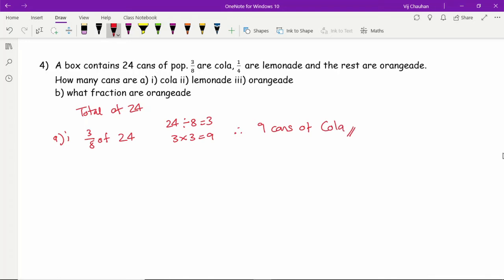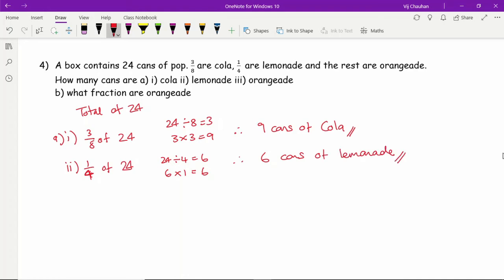Then for part 2, I want to work out 1/4 of 24. That is a 4, not a 9. So again, I'm going to do 24 divided by 4, which is 6, and 6 times 1, which is 6. So therefore, 6 cans of lemonade.